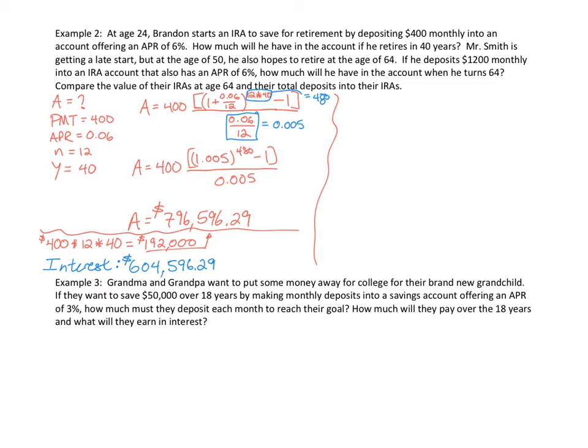And I'm going to do a very quick live calculation here. 604,596.29. He saved that for 40 years. That is $15,000 per year in interest this guy earned if you average it over every one of the 40 years.